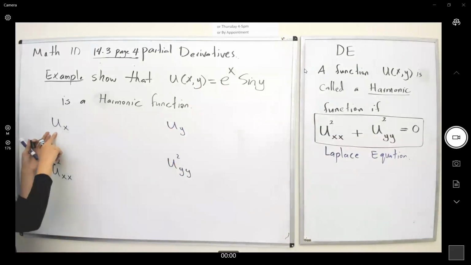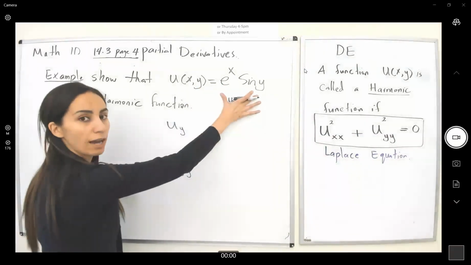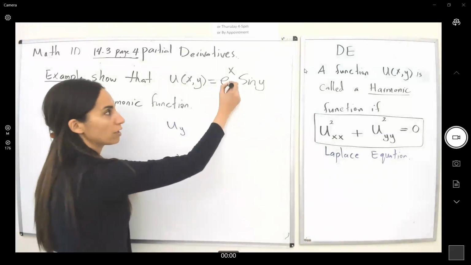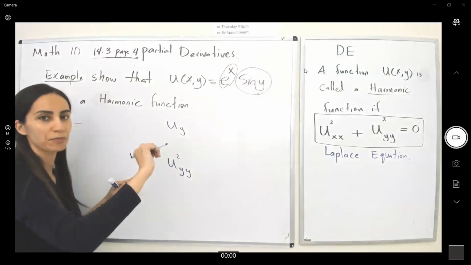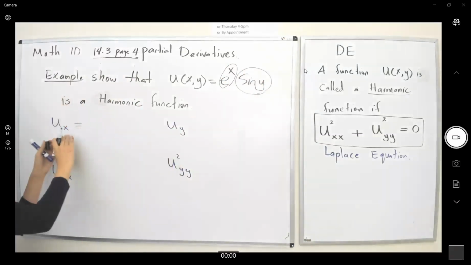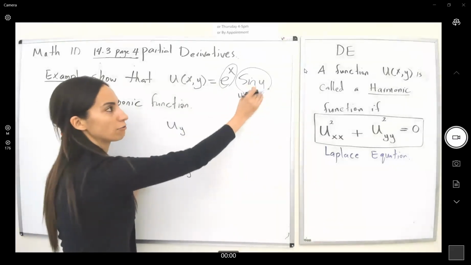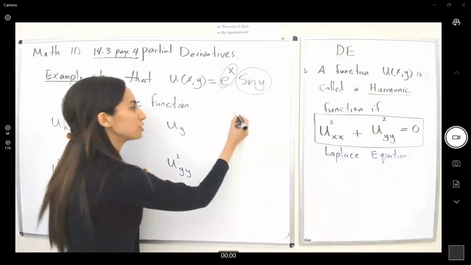Then you're taking the partial derivative with respect to x. So here you have a product of two functions. One of them has x in it, the other one has a y in it. So you're lucky. When you're taking the derivative with respect to x, this guy, sine of y, is just a constant.